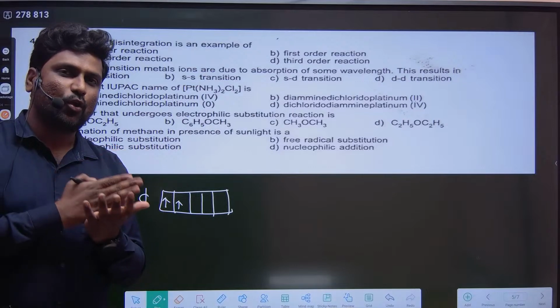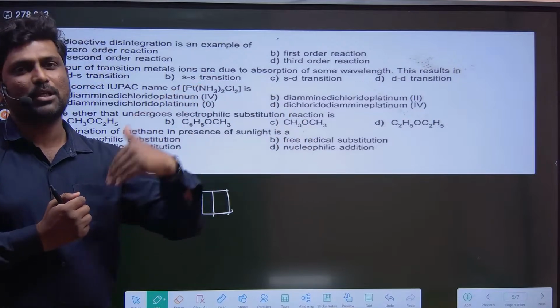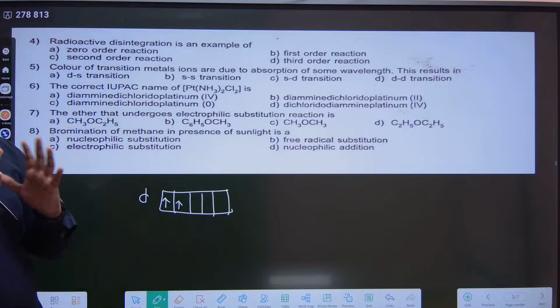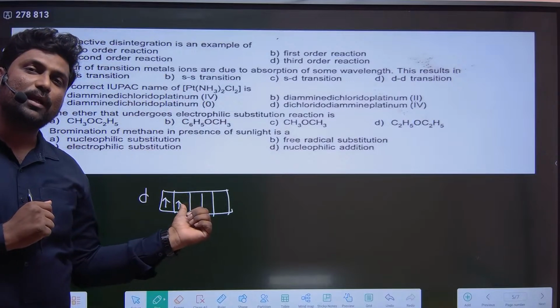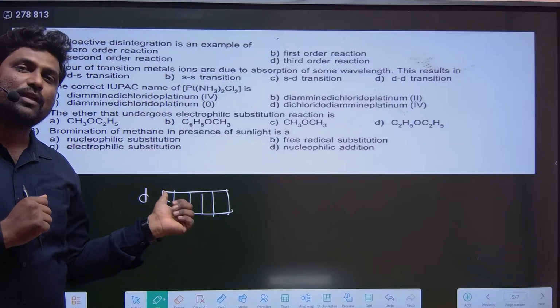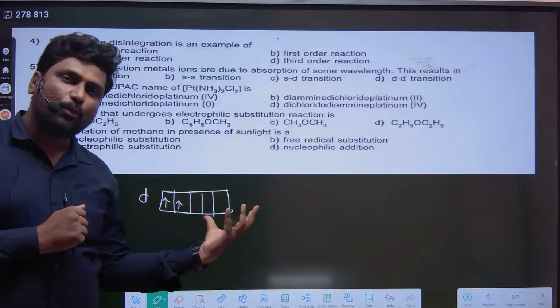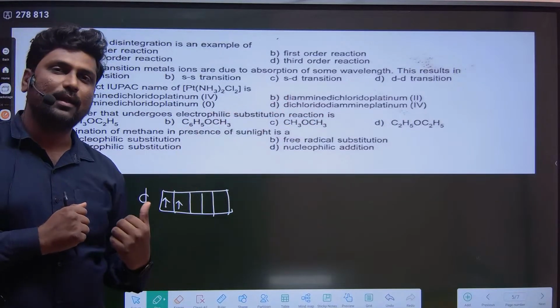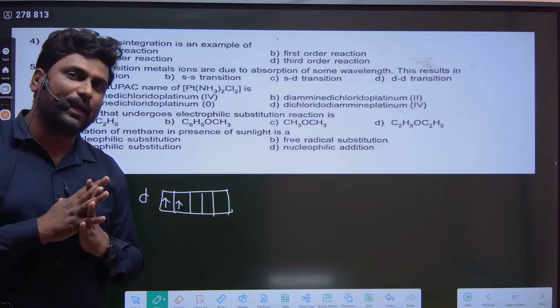The d-d transition takes place by the presence of d electrons. If the d orbital has an unpaired electron, only then will it undergo d-d transition, otherwise it will not.